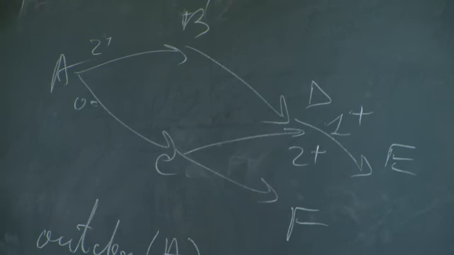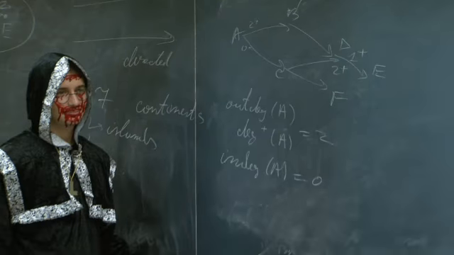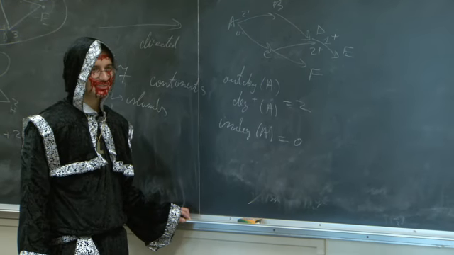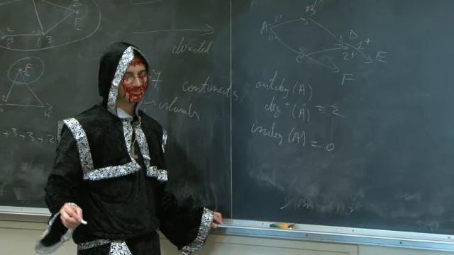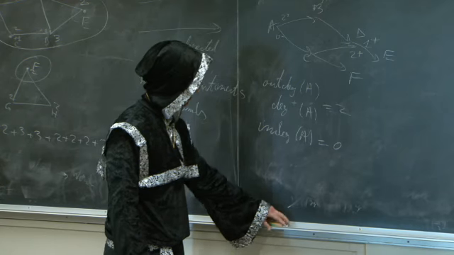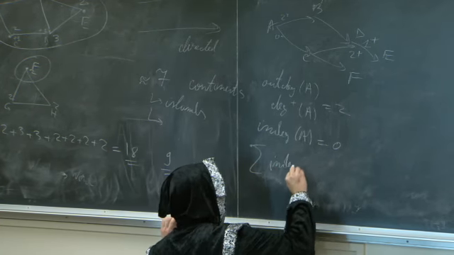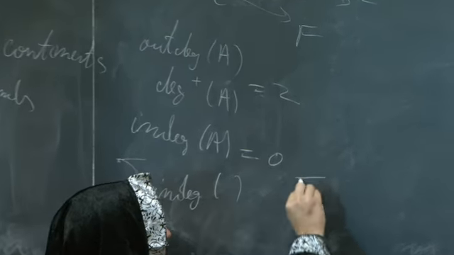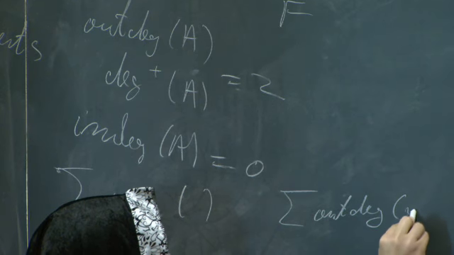Sum of the in degrees and out degrees. Okay, what about them? They're equal to twice the number of vertices. Not quite. You had 80% of the answer. So the sum of the in degrees and the sum of the out degrees.